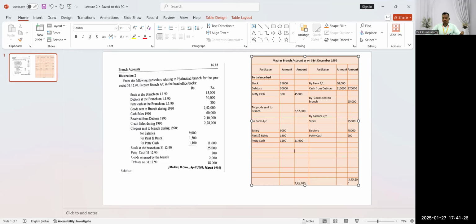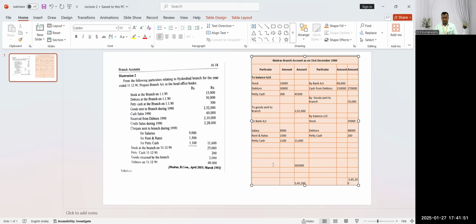So to fulfil this, the debit side amount should also be the same. For that we need the balance amount. The balance amount is 36,300. If you take 36,300 here, the debit side amount will be the same as the credit side amount.